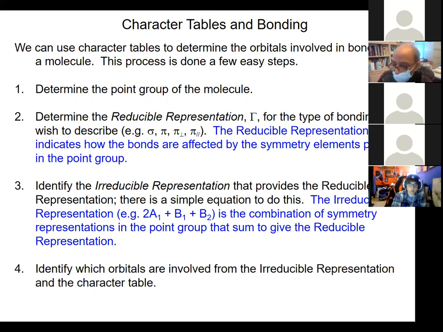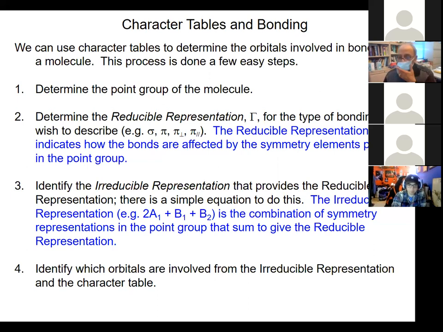If it is CH4, the point group is tetrahedral. If it is BF3, the point group is D3h. If it is PCl5, it's again D3h. So once you draw the Lewis structure and then apply VSEPR theory, you know the geometry. Once you know the geometry, you can find the point group.